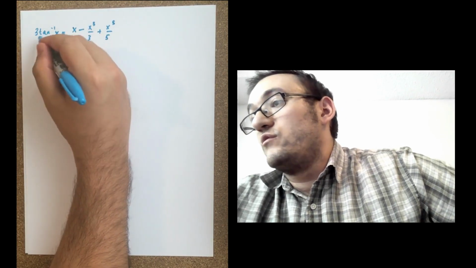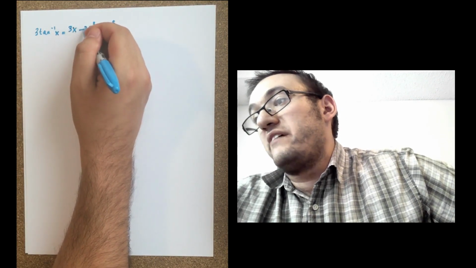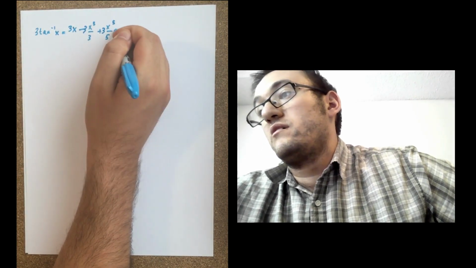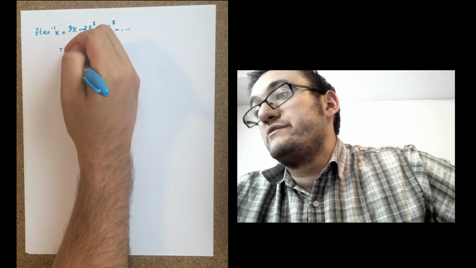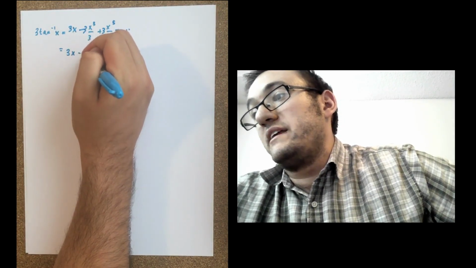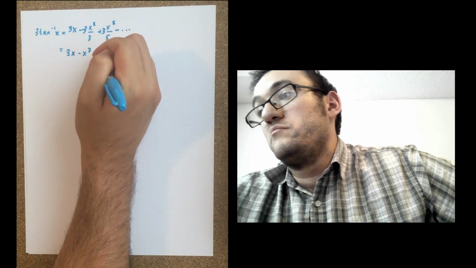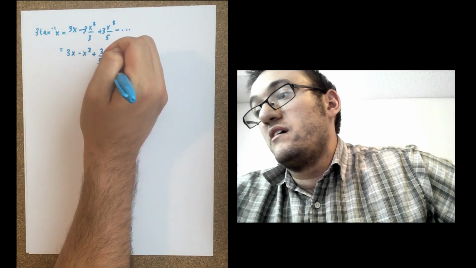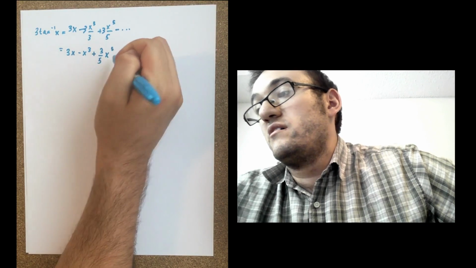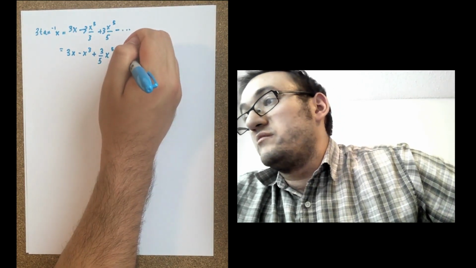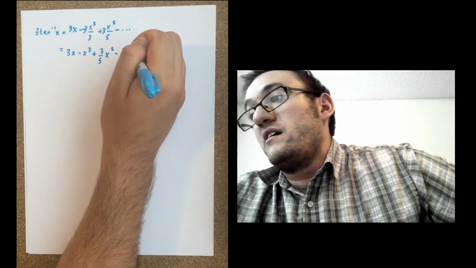And when we have 3, we have to multiply everything by 3, etc. So this is 3x minus x cubed plus 3/5 x to the 5th. Then the next term will probably be 3/7 x to the 7th.